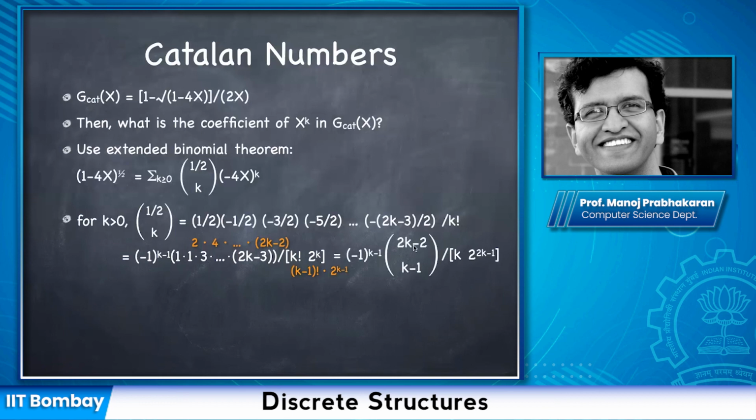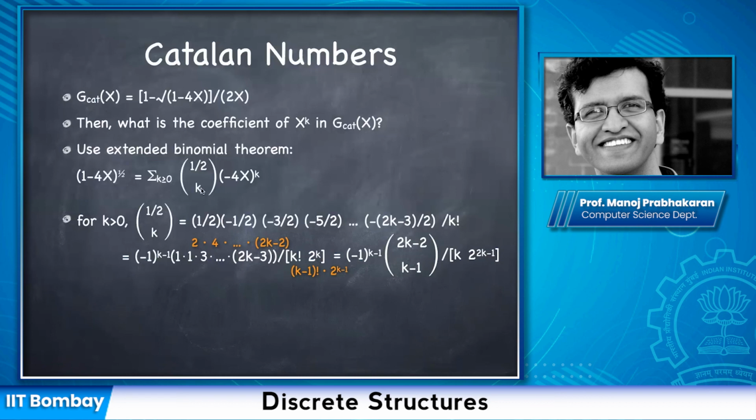But this was actually a k factorial, so I'm left with an extra term k in the denominator. There was already a 2 to the power k. I have now 2 to the power k minus 1, so I have 2 to the power 2k minus 1. Okay, so this is half choose k.